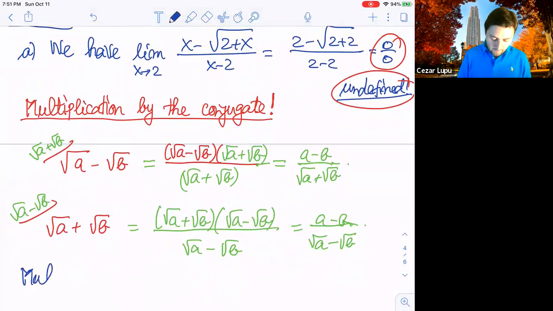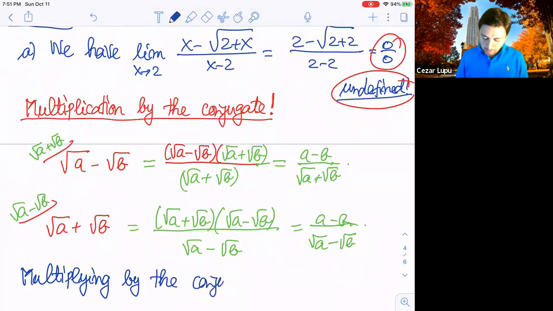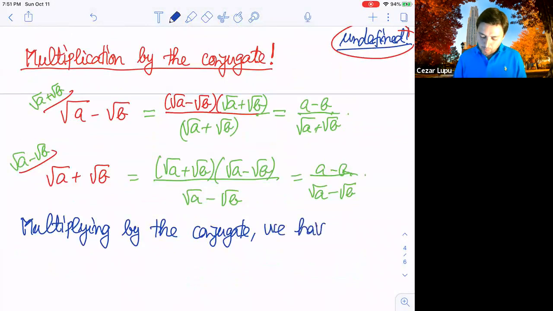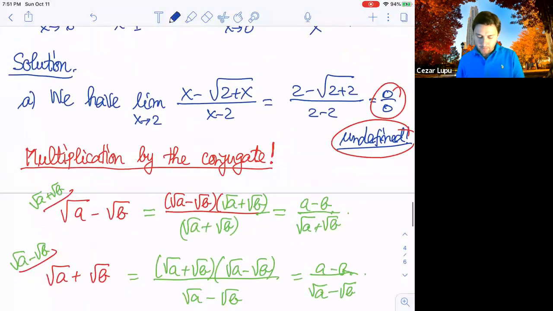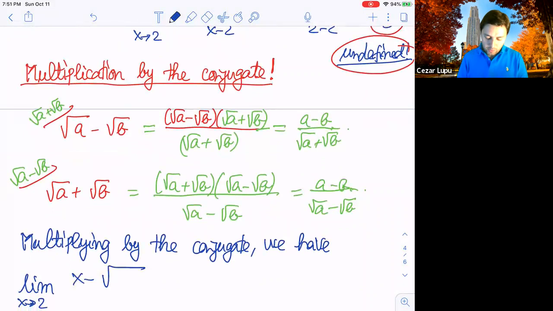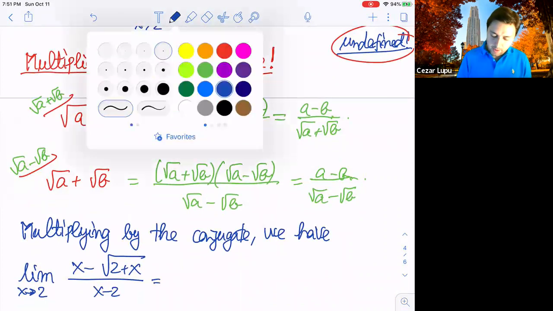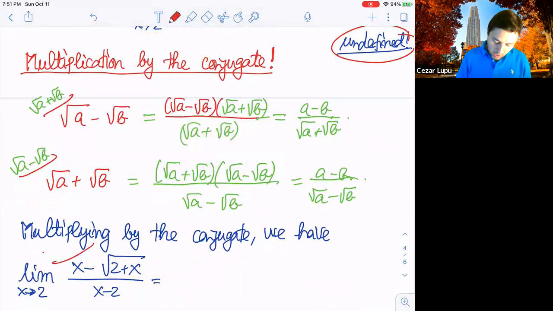So we have the limit as x approaches 2 of x minus square root of 2 plus x, everything over x minus 2. Now we're going to multiply by the conjugate, which is given by this guy. So it will be x plus square root of 2 plus x.